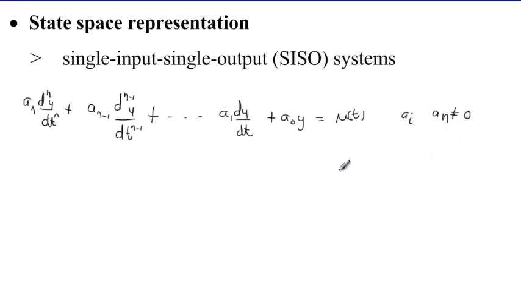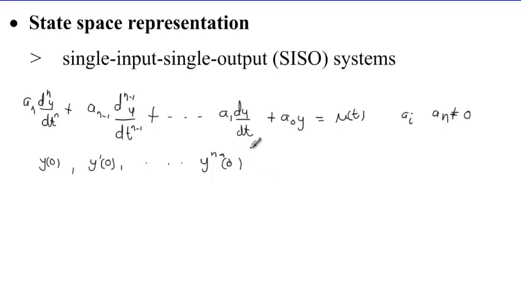The initial conditions given will be y(0), y'(0), the first order derivative, up to the derivative of order n minus 1 at 0.